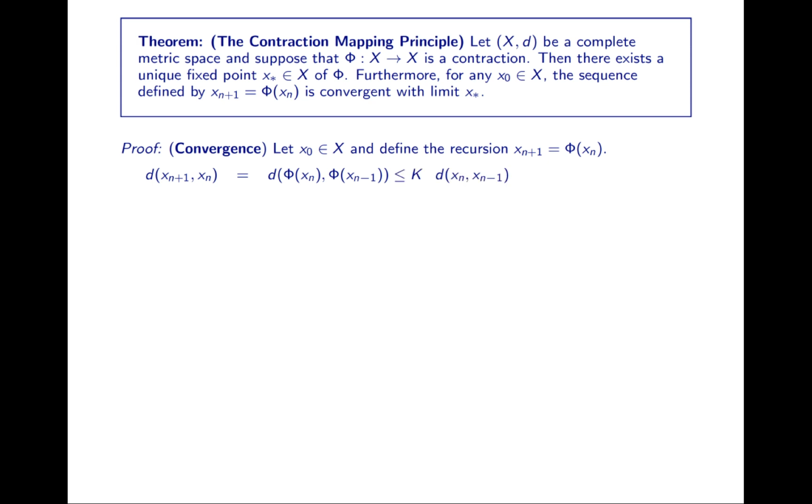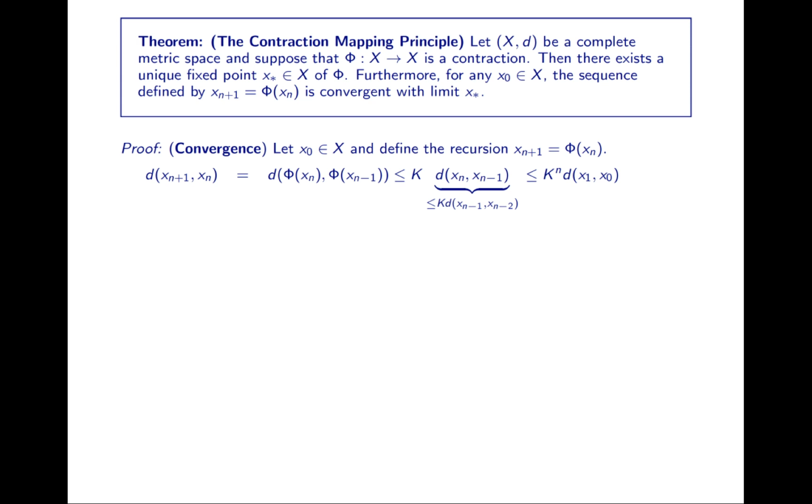Because phi is a contraction, we can bound that. It's less than or equal to k times the distance between xn and xn minus 1. Remember, phi shrinks the distance between xn and xn minus 1, so that's why we have that inequality. Now, of course, that distance, by the same reasoning, is less than or equal to k times the distance between xn minus 1 and xn minus 2.